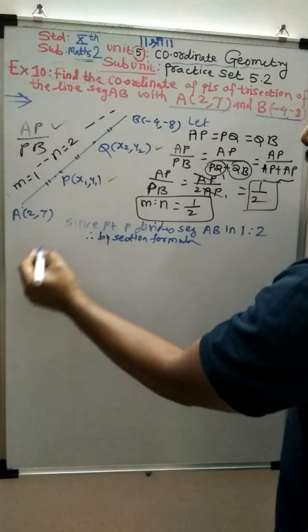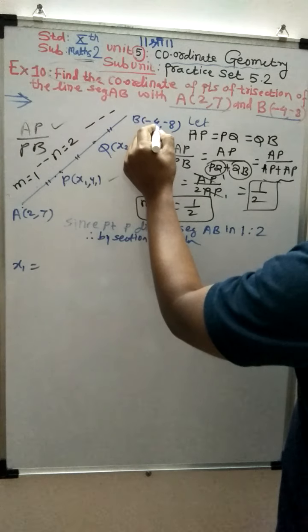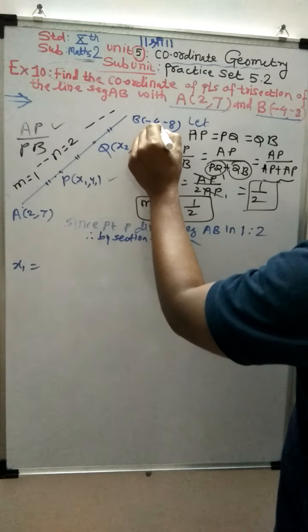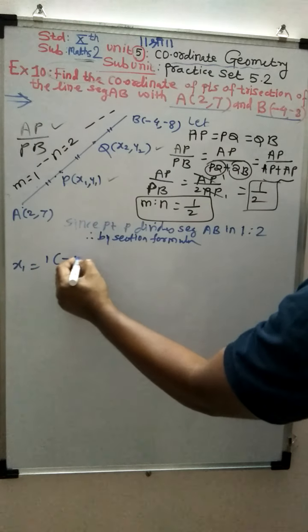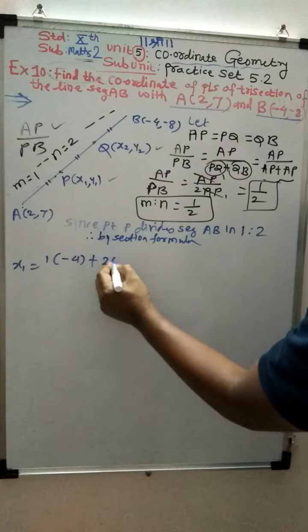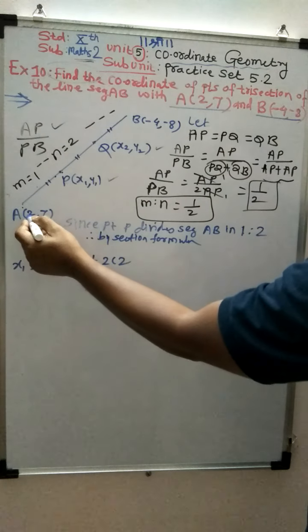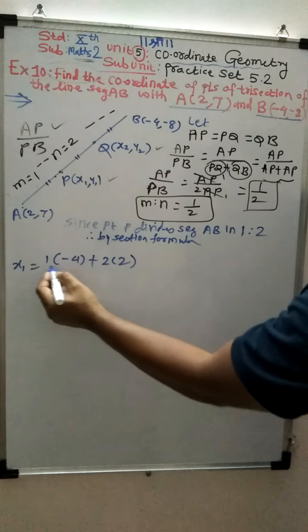Write down the coordinates of point P. x1 is equal to m into the x coordinate of point B, means 1 into minus 4, plus n into the x coordinate of point A, means 2 into 2, divided by m plus n, means 1 plus 2.